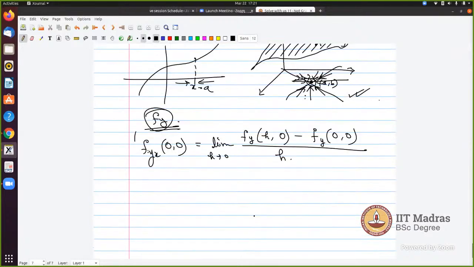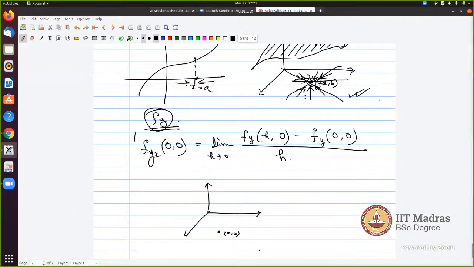Okay. So suppose in one variable, when we are approaching towards some point, there are only two directions, right? Either from left or from right side, right? But if we are approaching a point in two variables, suppose there is my point (a, b).